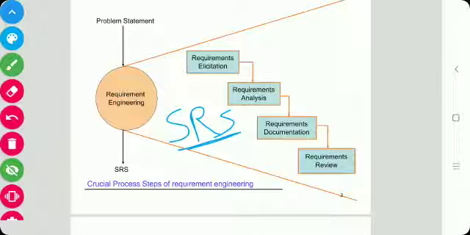It should be correct, it should be complete, and it should be understandable by all the persons involved in the software engineering process, and it is the contract between the developer and the customer. So the developer has to implement all the requirements which are given by the customer.